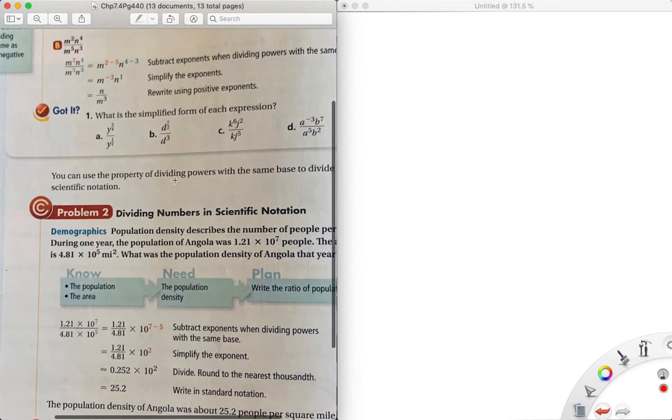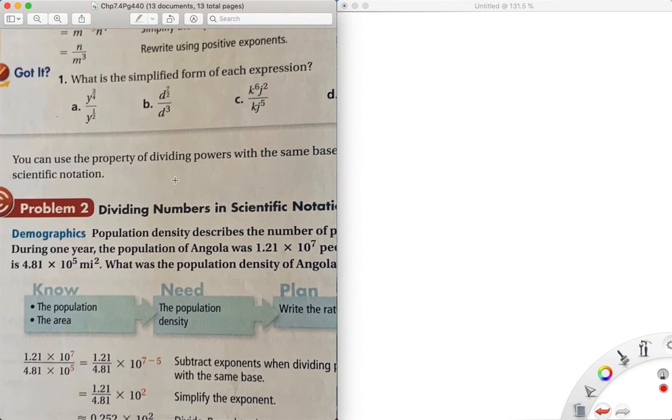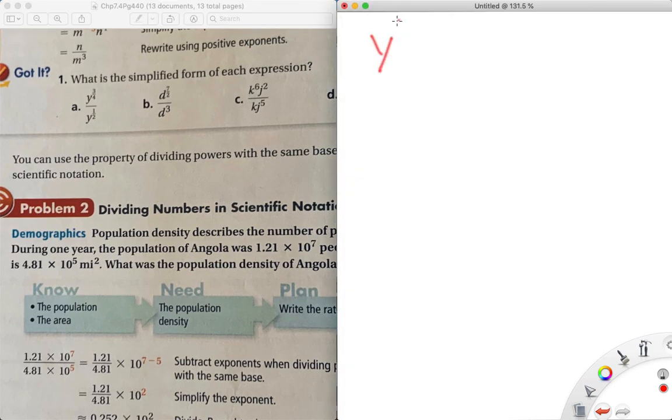So we have here y to the 3/4 over y to the 1/2. By the way, whatever is in the numerator is always going to be the number that's subtracted first.